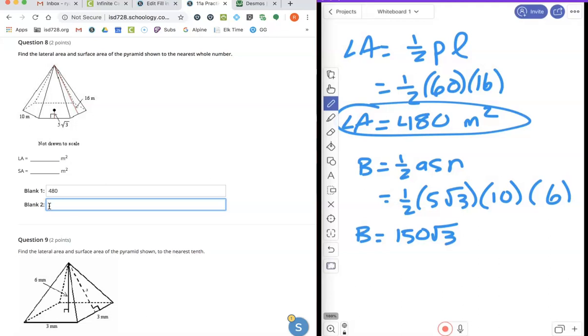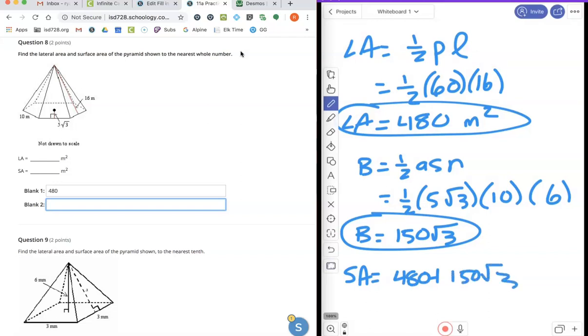So in that case, we have a decimal. We'll get that in just a second. We'll do everything at the same time. We're rounding to the nearest whole number here. So this one is LA plus B, 480 plus 150 square root of 3. Let's go to the calculator to type that one in, and then we'll get our final answer.